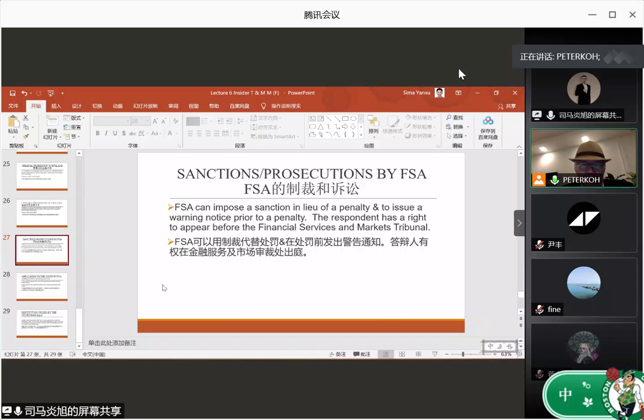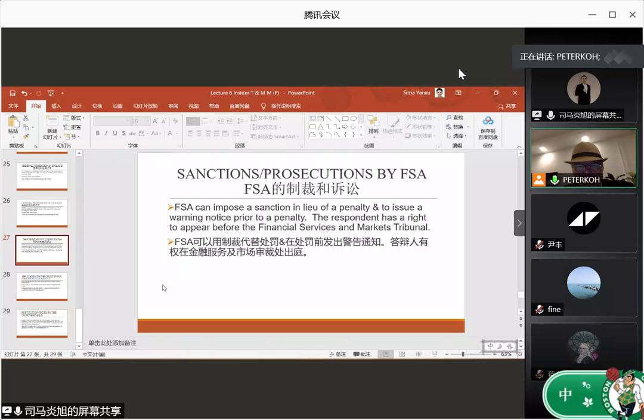So you can have sanctions and prosecutions. The FSA can impose a sanction, and sanctions are a warning notice in lieu of a fine. That is very light, for a lighter situation or when the market abuse is not serious, or it can issue a warning prior to a penalty, a notice before punishment, but usually not very active.